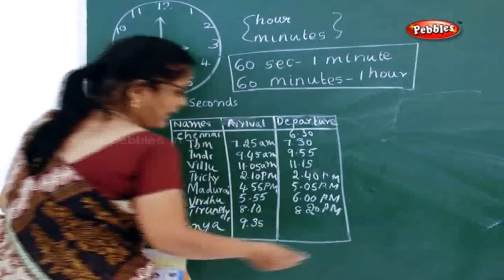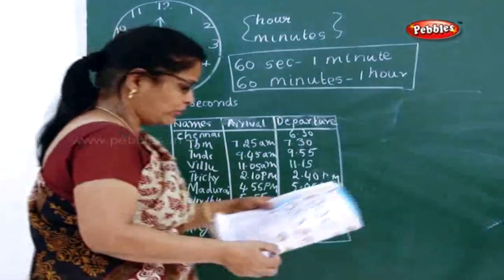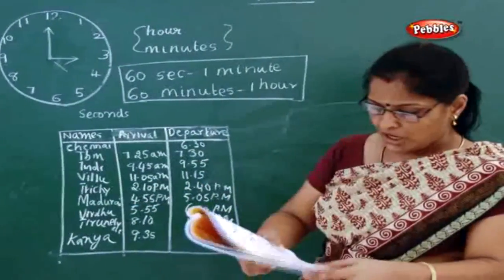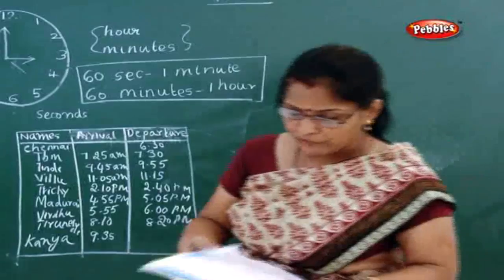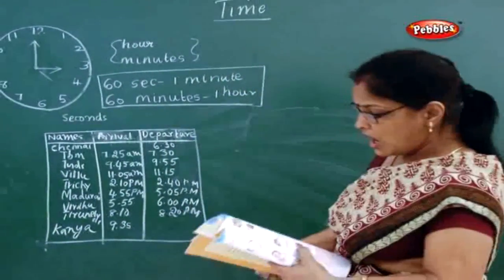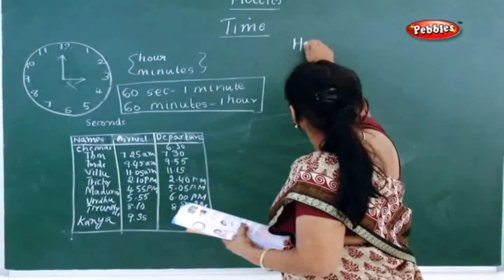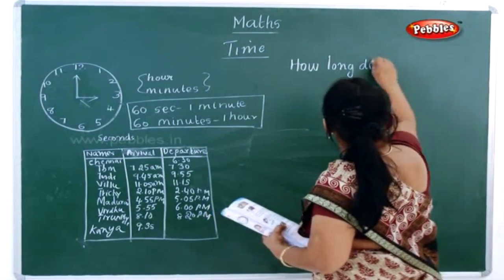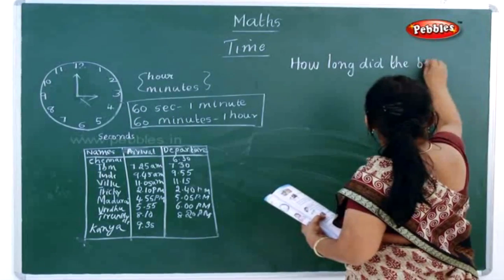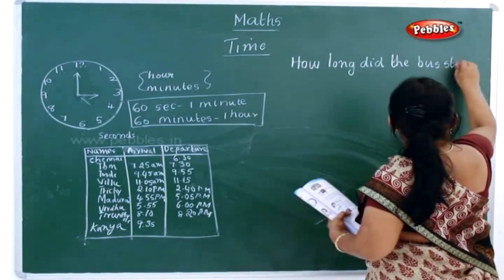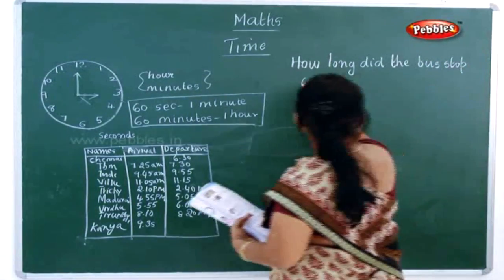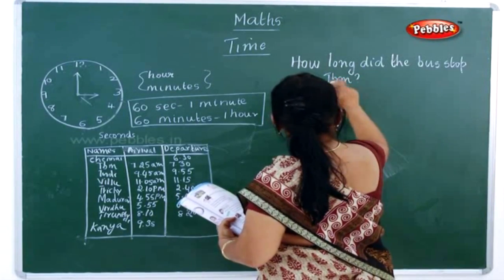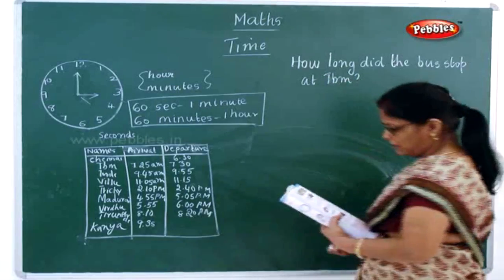So don't ask when it departed, because from Chennai to Kanyakumari Anand went. So this is the schedule given in your book. Now with this you have to find out, there is a question, first question: how long did the bus stop at Tambaram?